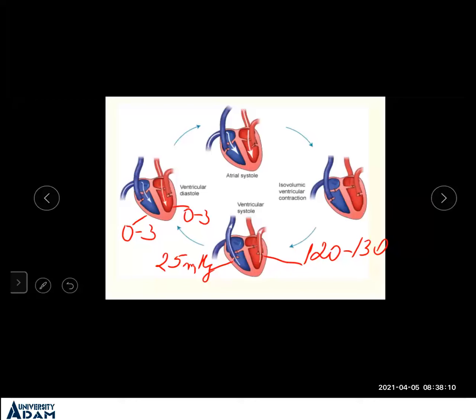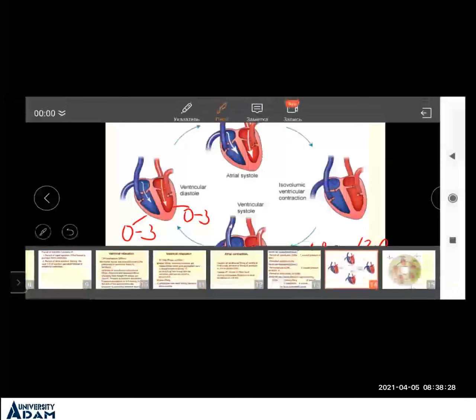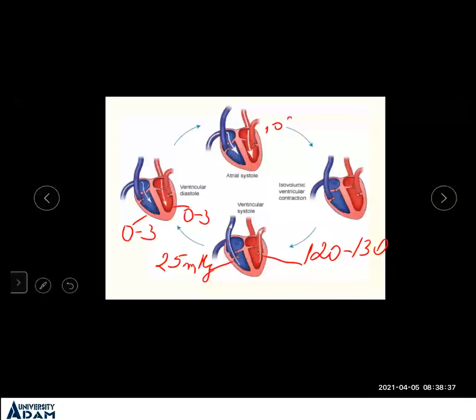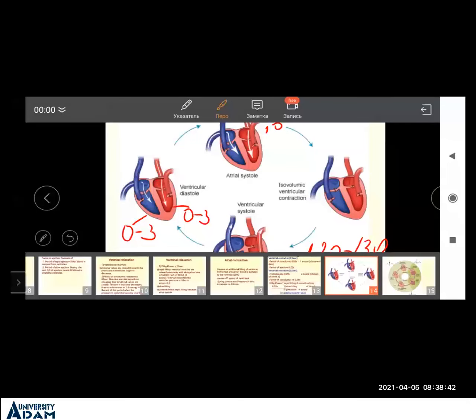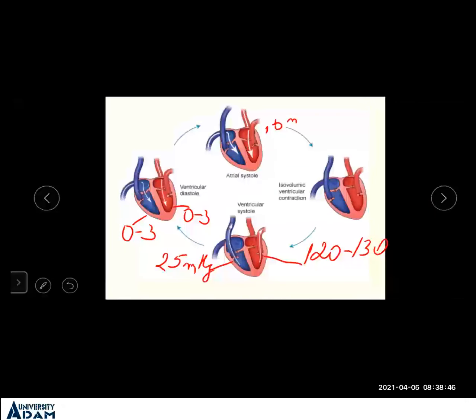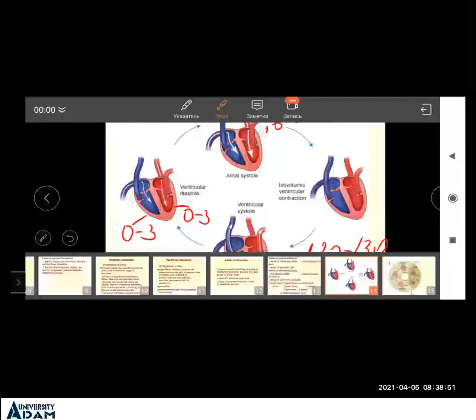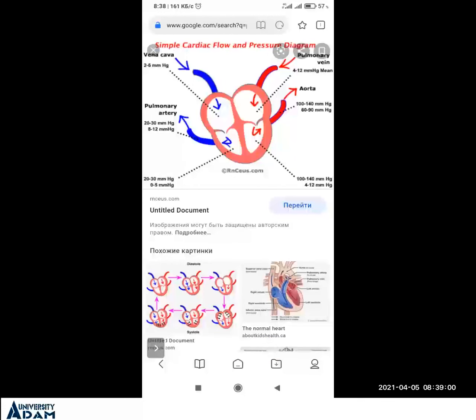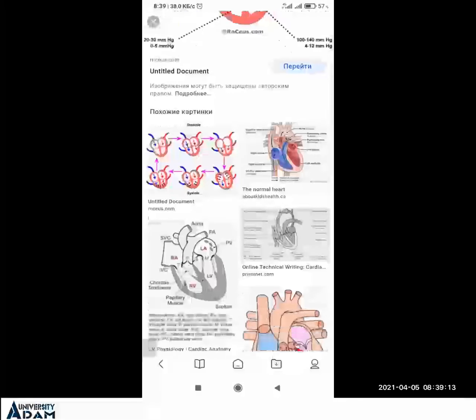Okay, in atriums during systole, pressure rises up to 10. Yes, in atriums, pressure rises up to 10 during systole.